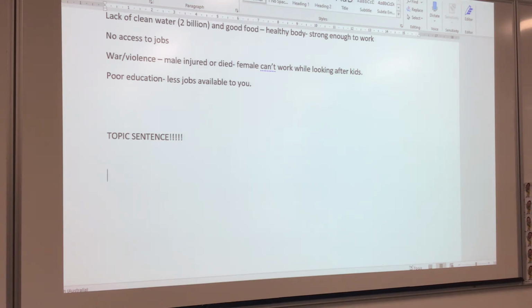So I might say the challenge with an issue like poverty, okay, because that way we're telling people what we're talking about, is that there are so many causes. And I've used the word causes because that's really telling people what the paragraph's about.